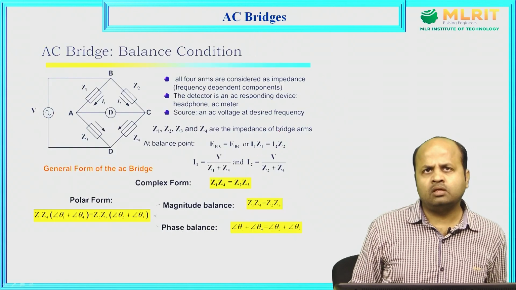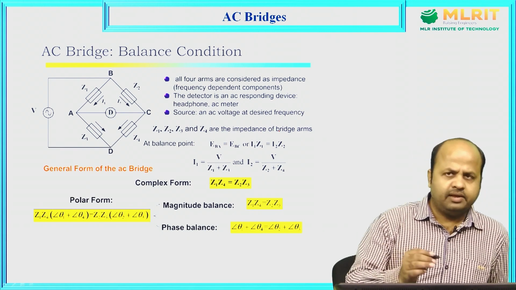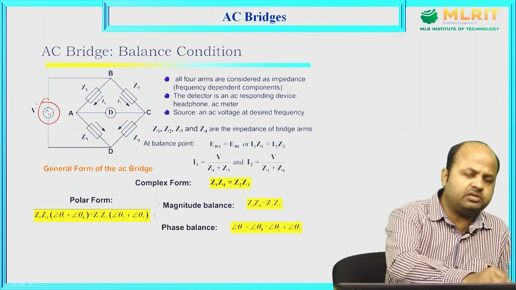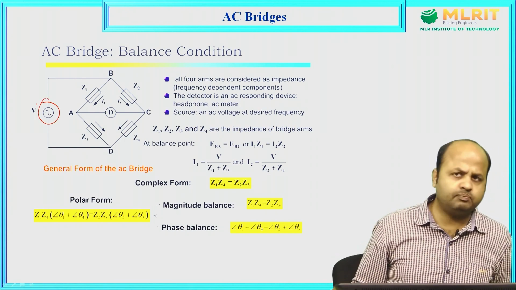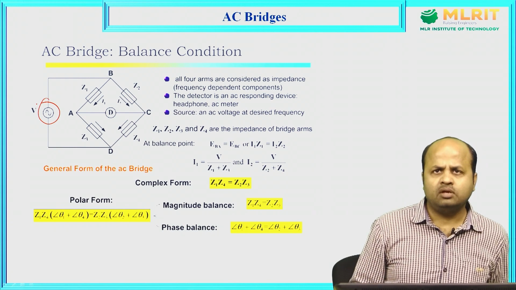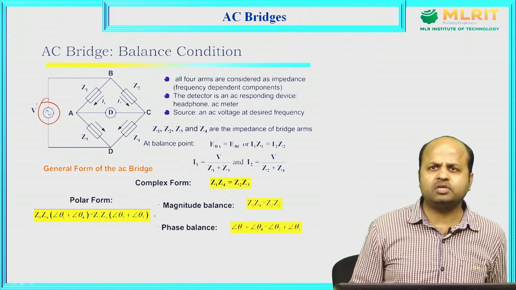Now we will discuss some AC bridges. Okay, in DC bridges we have seen that we apply a DC source, but in AC bridges always remember we have to apply an AC voltage source. The question arises, why do we have to apply the AC voltage source?